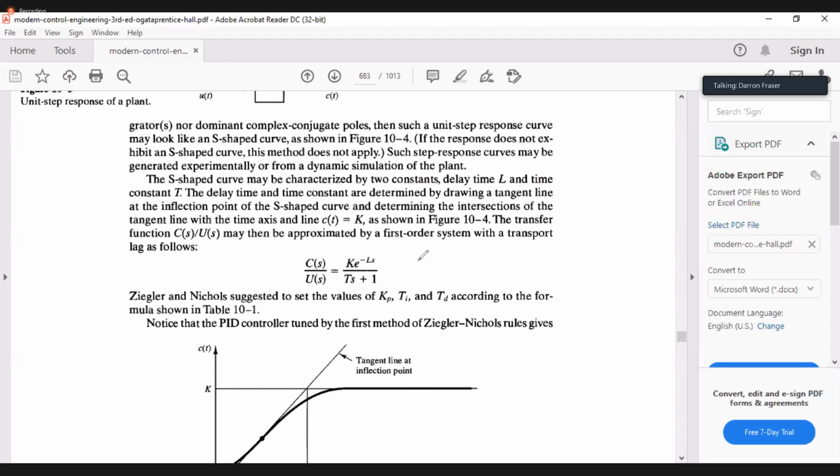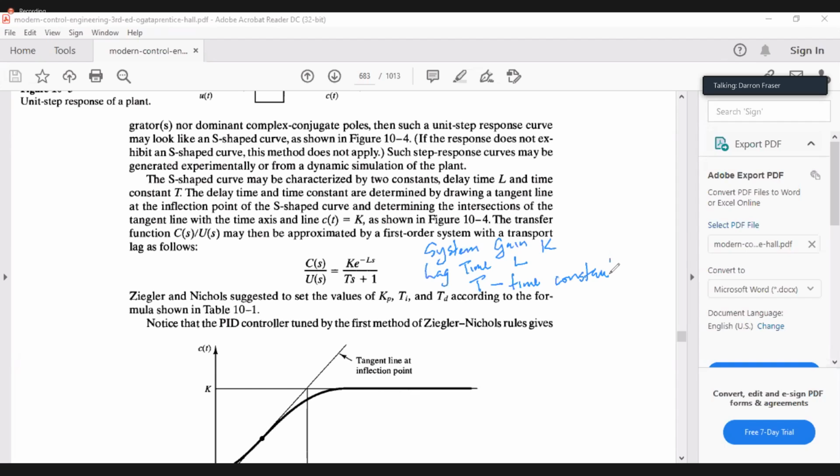And you have, so let us say that the system gain is K. The lag time is L. This T is the time constant of the system.